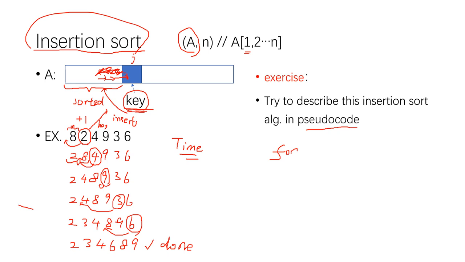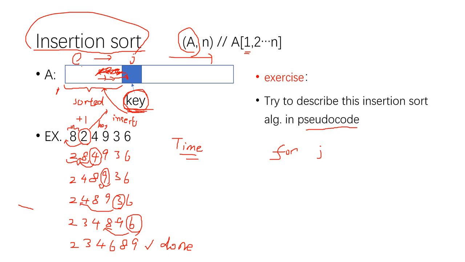How many layers? Try to think about it. It's 2 layers, right? The outer layer should be the place of the key, right? You should move from the very beginning to the end. So the outer layer should be, we call it J, okay? Some students think it will start with 1.